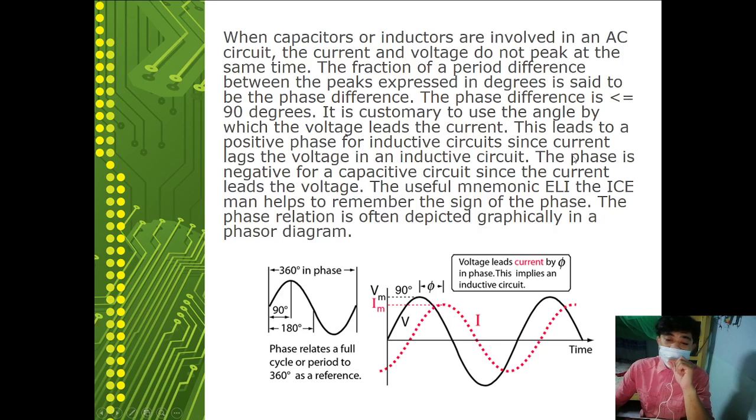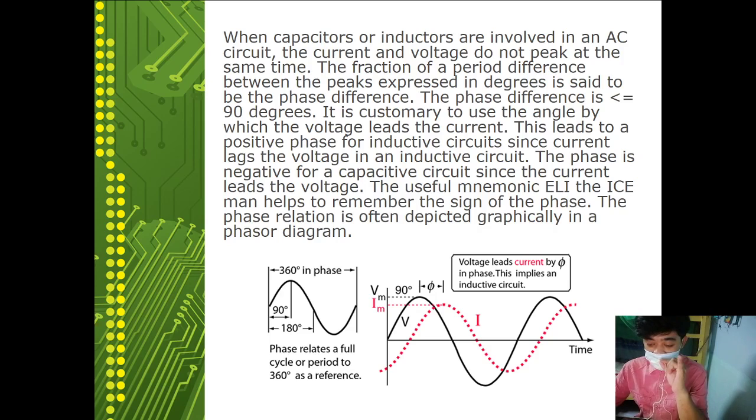This leads to a positive phase for inductive circuits, since the current lags the voltage in an inductive circuit. The phase is negative for the capacitive circuit, since the current leads the voltage. The mnemonic ELI the ICE man helps to remember the sign of the phase. The phase relation is often depicted graphically in a phasor diagram.